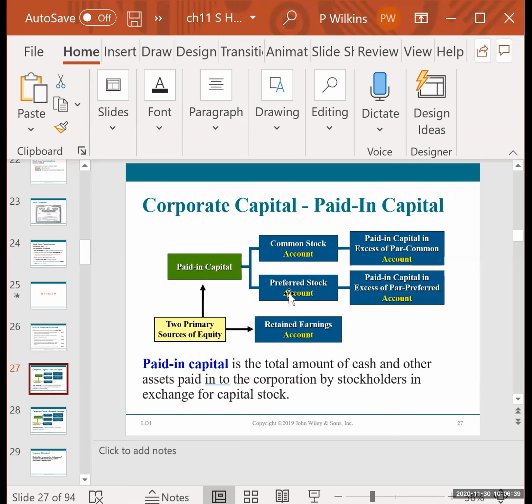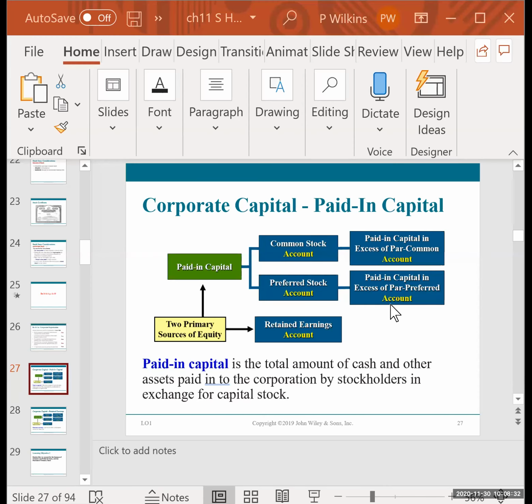The next one is preferred stock. So we're going to have a new account called preferred stock, or we've had preferred stock before, we just haven't used it. And then we're going to have paid in capital in excess of par preferred stock, or paid in capital in excess of stated value preferred stock. So we can have all of those different ones.